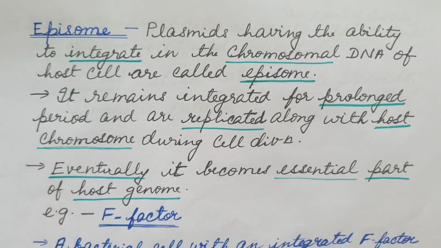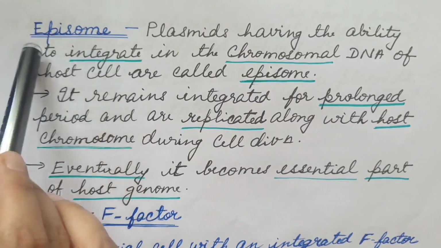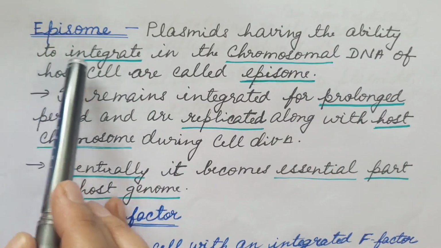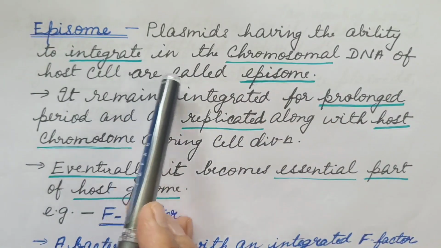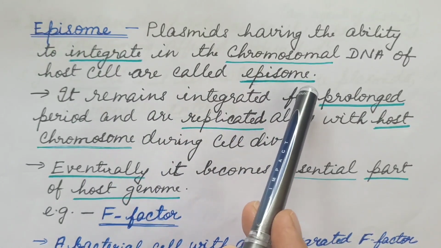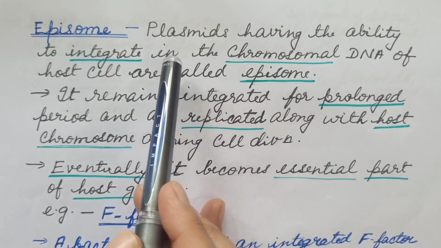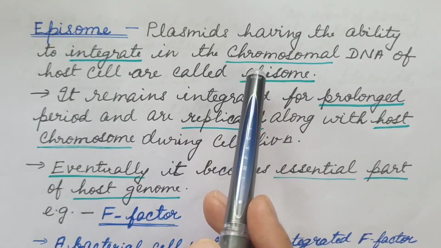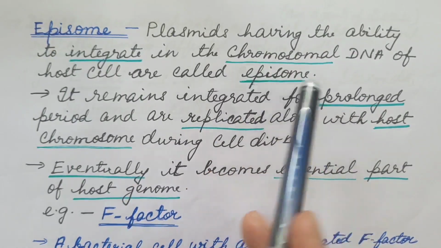While discussing F plasmid, we came across the term episome. What are episomes? Plasmids having the ability to integrate in the chromosomal DNA of host cell are called episomes. So, plasmids which are capable of incorporating into the main bacterial genome or bacterial chromosome are known as episomes.